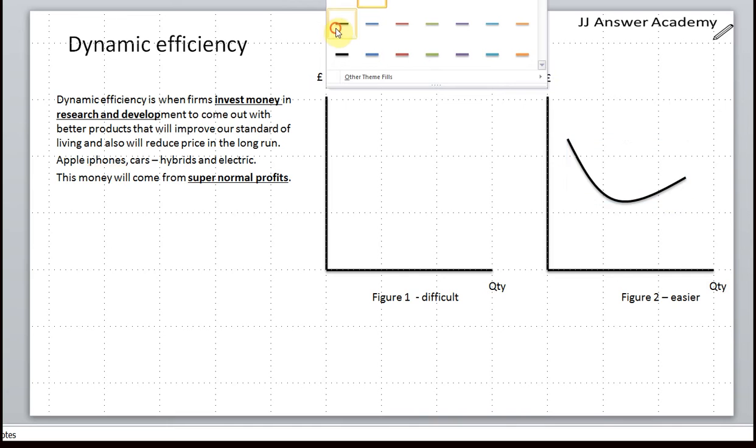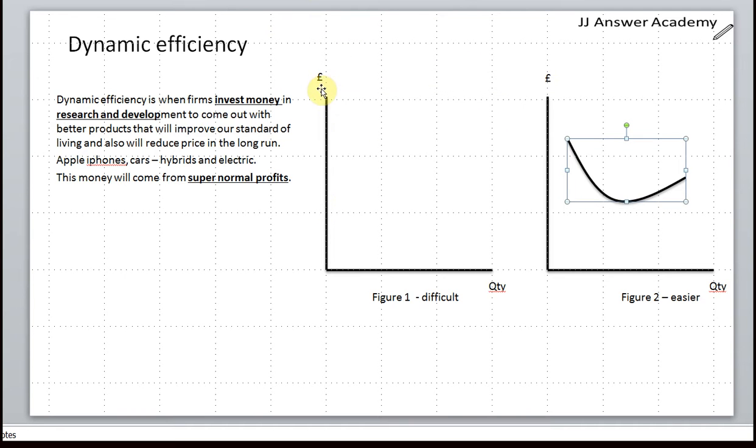This is the firm's long run average cost curve, LRAC 1. Let's say the firm was manufacturing at the lowest point of this curve.